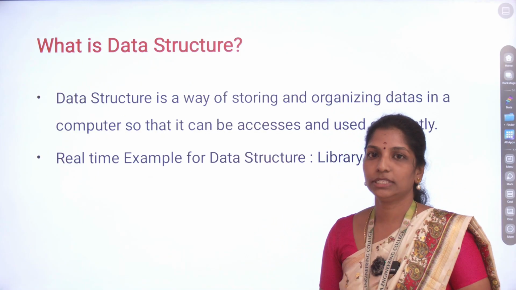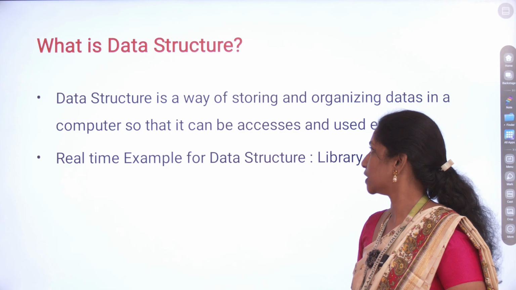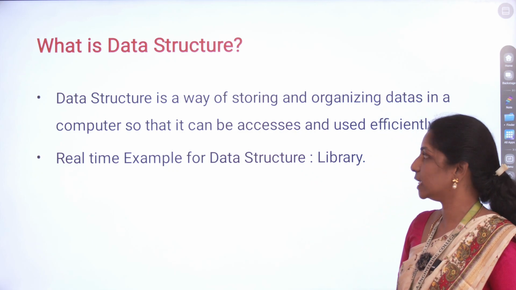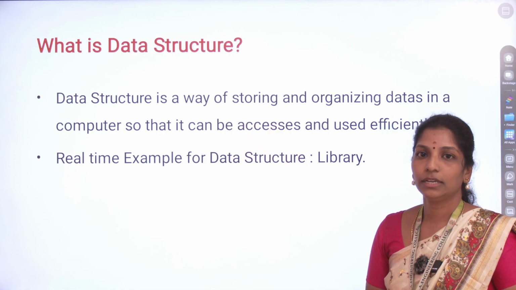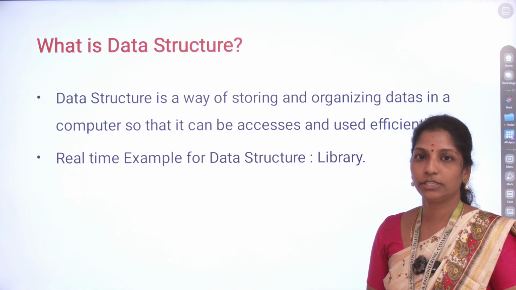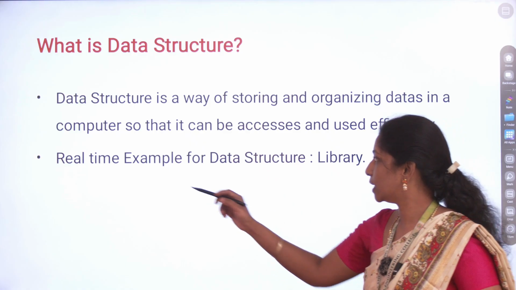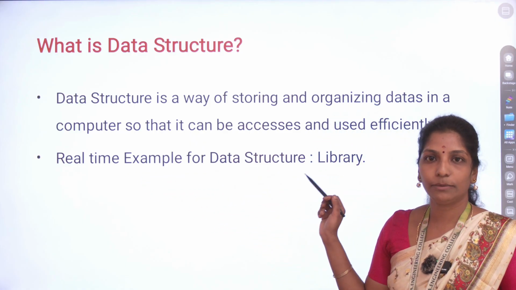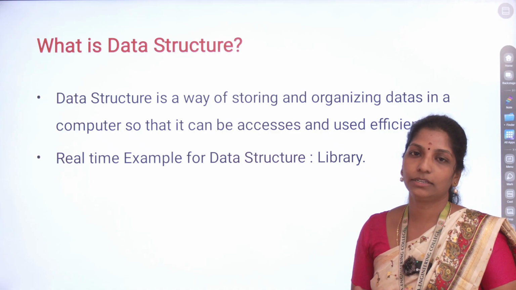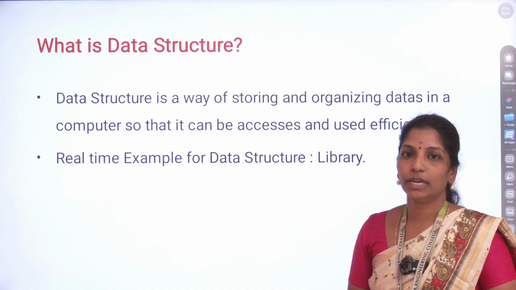Let's see what is data structure. A data structure is a way of storing and organizing data in computer memory so that whenever it is needed, we can access and retrieve the information efficiently. A real-time example of a data structure is a library. Let us take a central library. In a library, we have a lot of books.